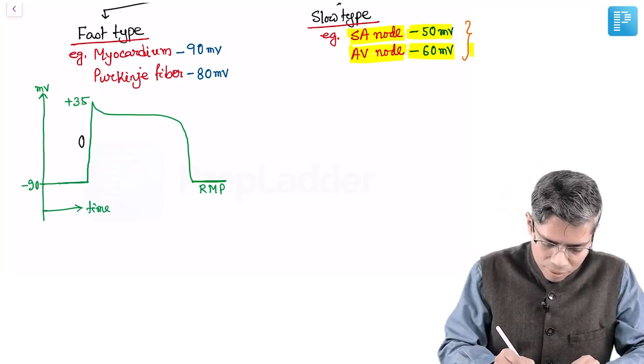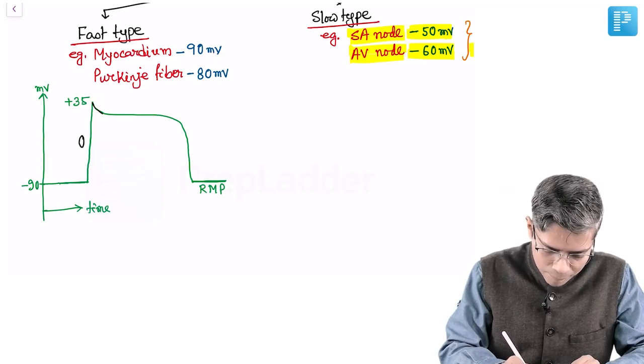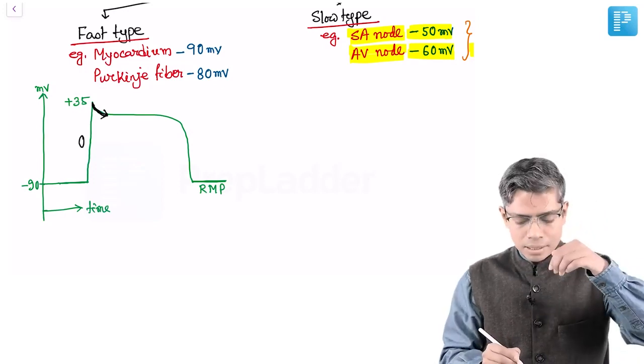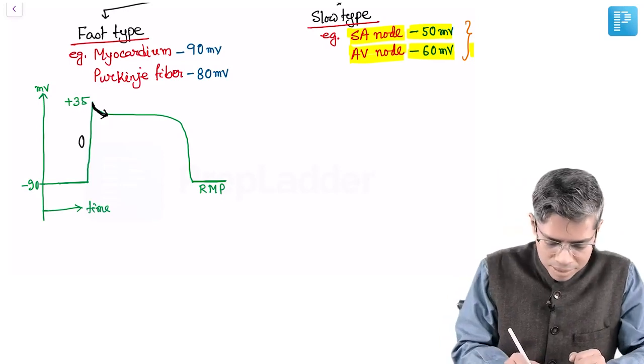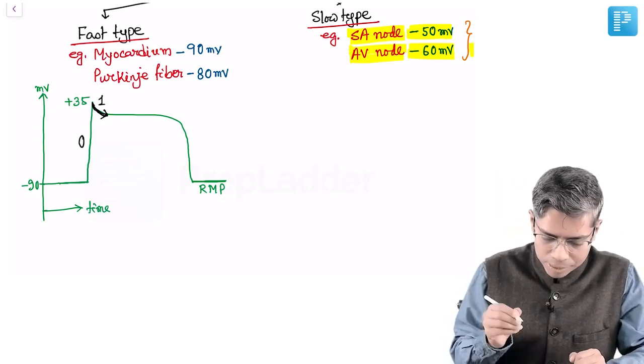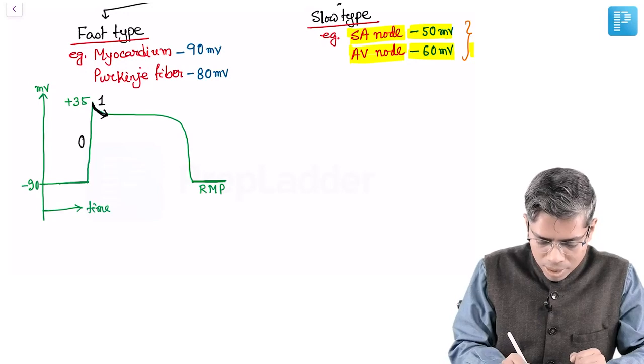Then there is a small phase which is returning back towards the RMP. You can find out here where I am marking. This part, where the membrane voltage is returning towards the RMP, is known as phase number 1. Then you can find a long plateau portion.